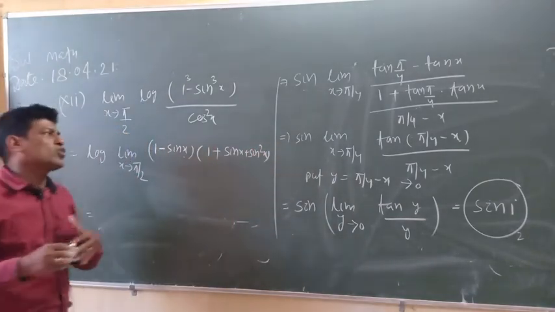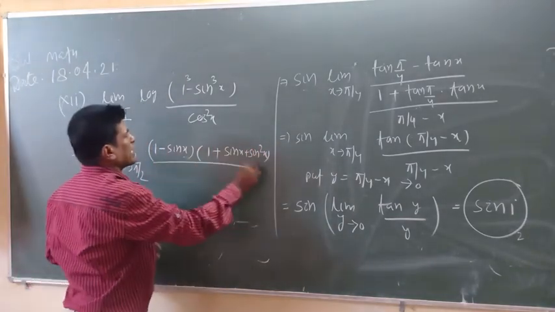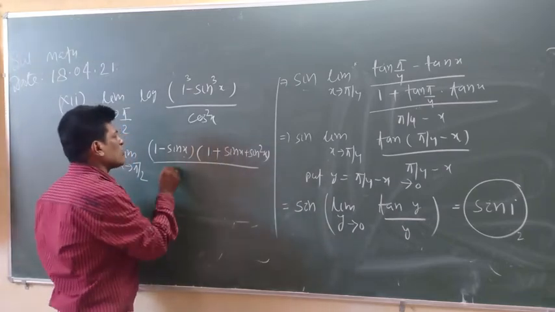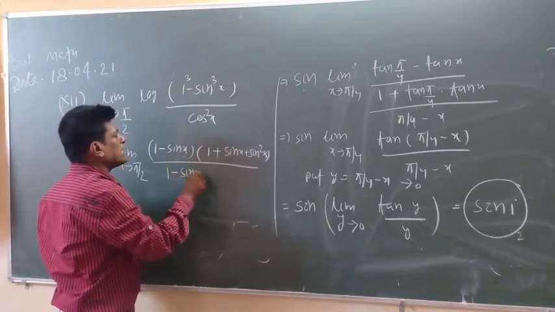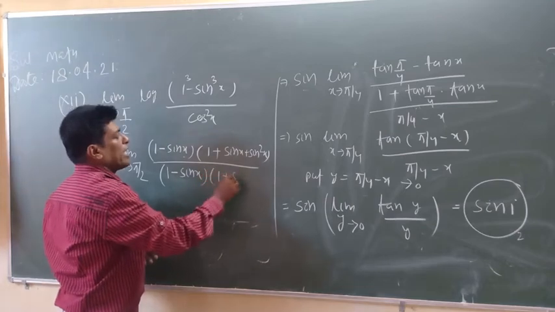And you know cos square x is equal to 1 minus sin square x, that becomes 1 minus sin x whole into 1 plus sin x.